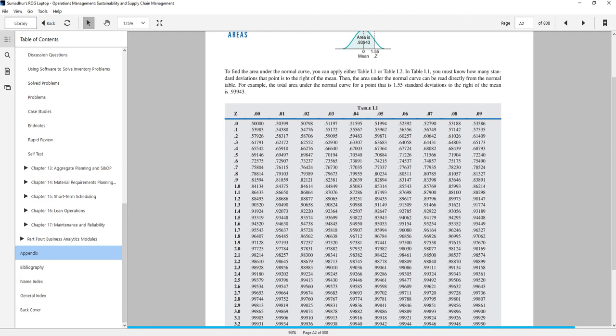This is using appendix 1, wherein we are given the area under the graph in the table. So if you were to look for 98%, 97, 98, so this is the first value closest to 98%. If you look at the column, it's 2.0. The next tenth decimal given to us is 0.06.